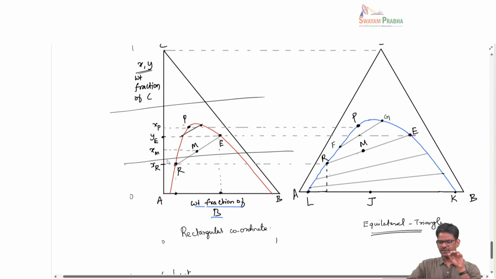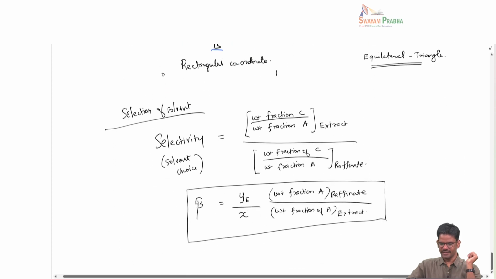You will see that this curve changes the shape because of how we choose to plot these two functions, okay. And finally, among other factors with regard to solvent choice, the important one is to find out the selectivity, defined as the distribution coefficients, okay.